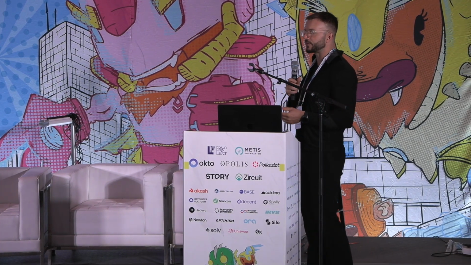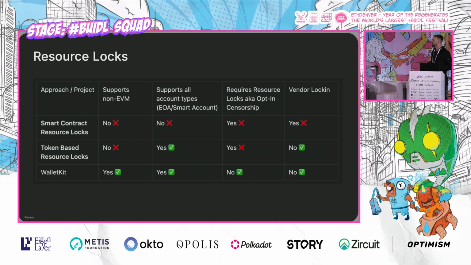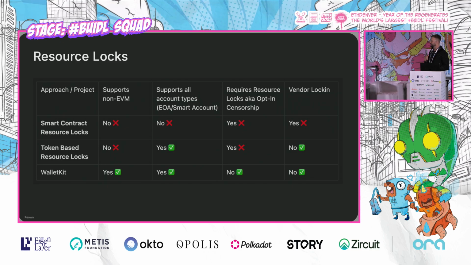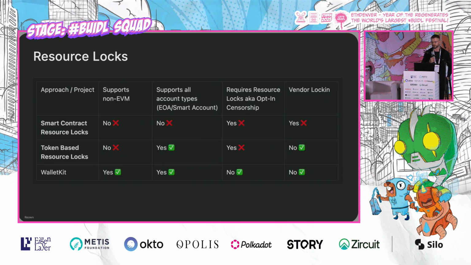You can see that these approaches don't support other networks, EVM only. So the wallets that are integrating our solution right now, it wouldn't satisfy them because they want Solana support as well. Then there's a vendor lock-in story with at least some of the resource locking approaches.